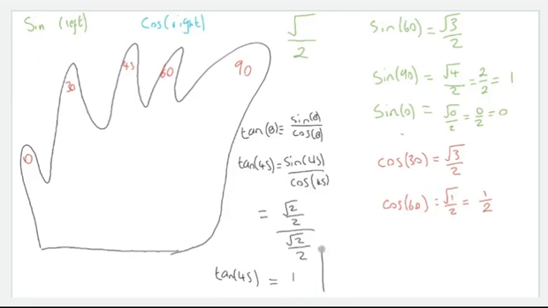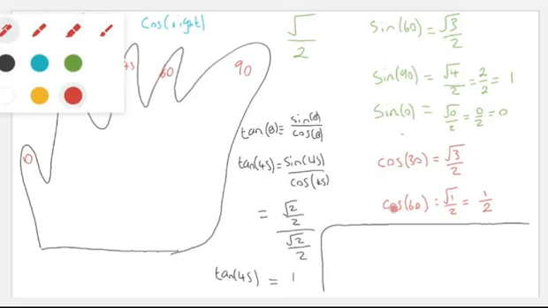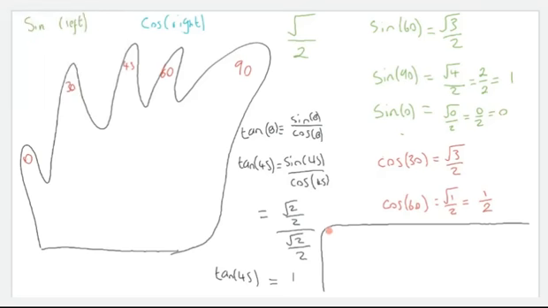If I wanted to do something just a little bit more complex, let's say tan of 60. Well, before I even go straight into it, tan of 60 is sine of 60 over cos of 60.